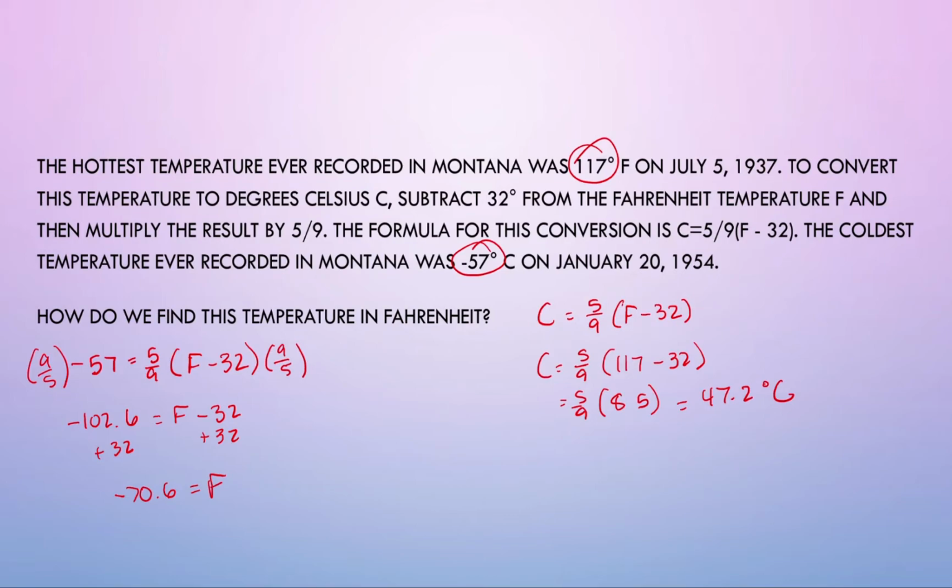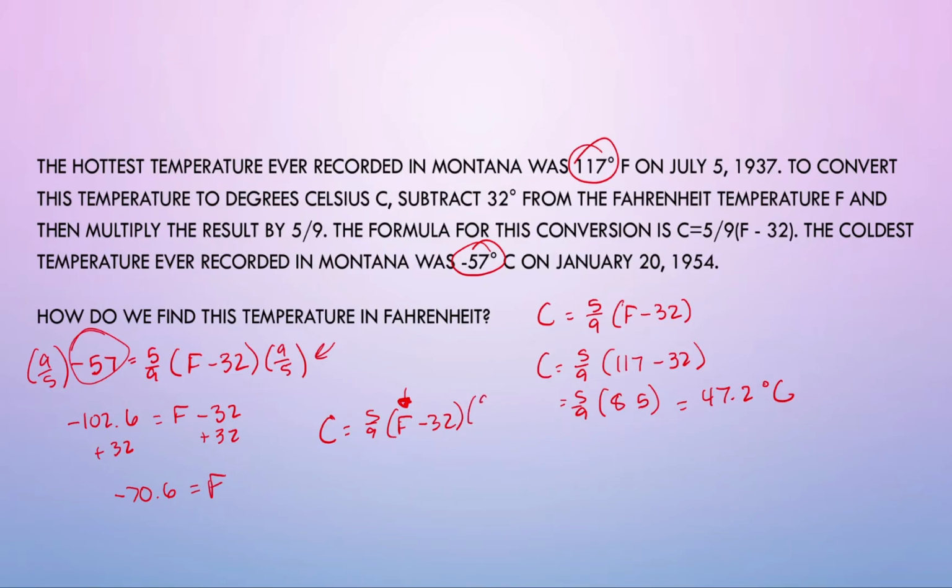Or, if we want to be able to find any temperature, we can take the function C equals 5/9 (F minus 32), and we can solve this for F if we want to find any Fahrenheit given the Celsius. It's the same as what we did here, except instead of having C as -57, we just have C as a variable.